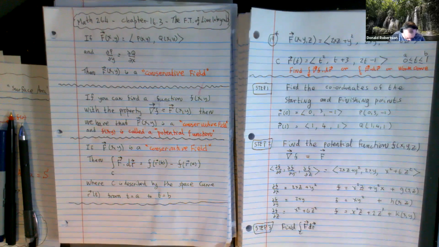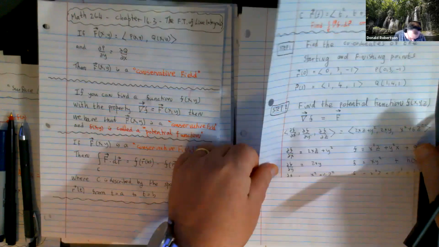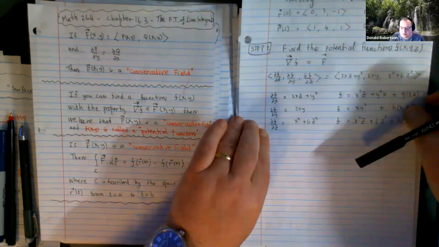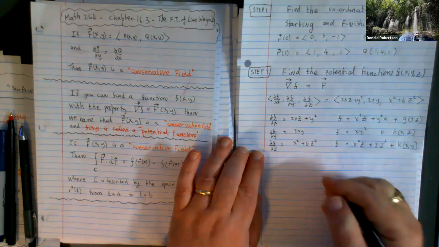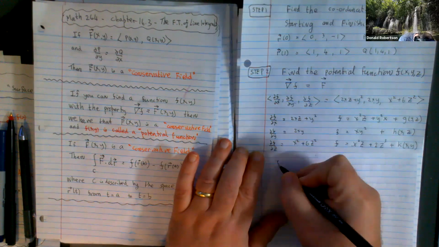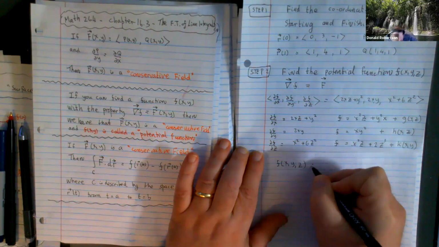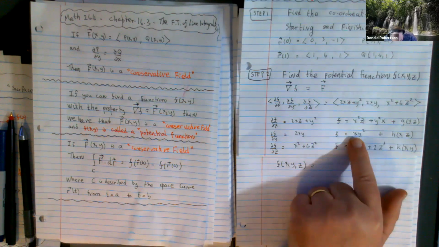Now I'm going to go to step 3 because I need more room. So we're at this point here, right? From these 3 guys, we should be able to find the potential function f. It has to have these 2 terms in it, this term, and these 2 terms.